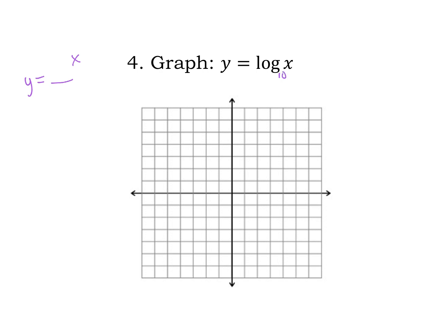Yes, we have 10 fingers. So yeah, common log is base 10. So the table that you would do would need to have y is equal to 10 to the x, right? And then you would switch it. So y is equal to log base 10 of x.